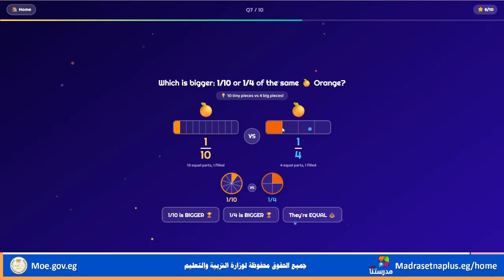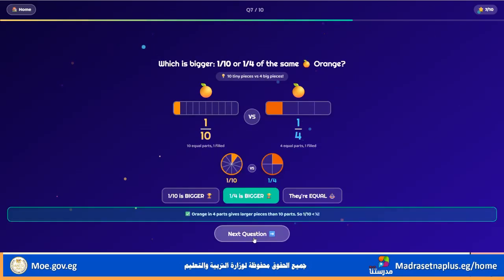In this one, I'll get 1/4, but this one 1/10. You can differentiate easily between 1/10 and 1/4. 1/4 is bigger, inside bars, inside circles. So 1/4 of the orange is bigger than 1/10 of it.